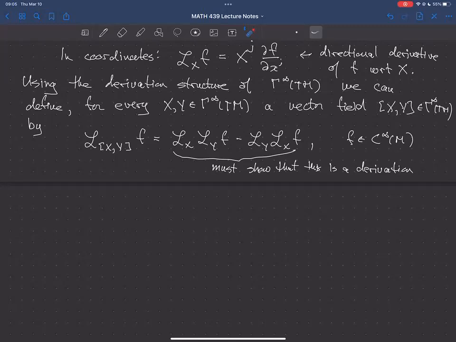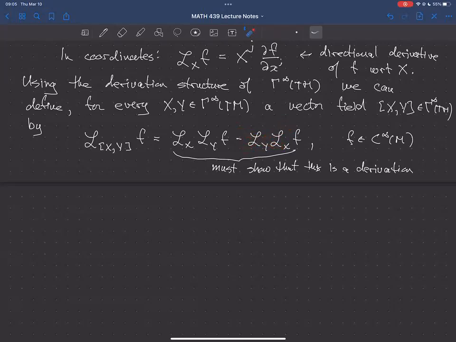So just to make sure you understand that there's something to do here, if you were to define this thing to just be, let's say, L_x L_y f, that is not a derivation. That does not satisfy the product rule that a derivation needs to satisfy.